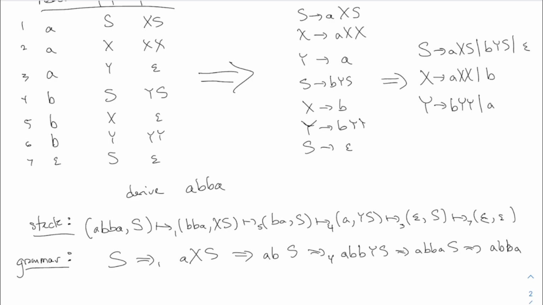Something to notice in the grammar derivation is we have these letters here: A, AB, ABB, ABBA, and ABBA. Those somehow match with the portion of the string on the stack machine which has already been read.